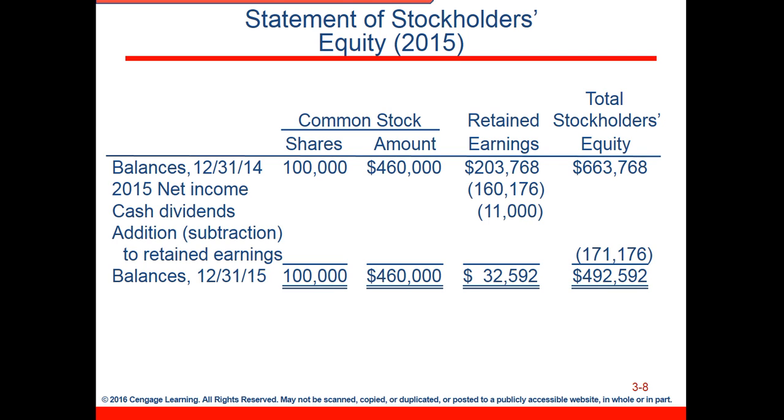We look at the statement of stockholders' equity, and we see that the retained earnings decreased significantly from the previous year, since net income is negative and on top of that you are paying cash dividends.